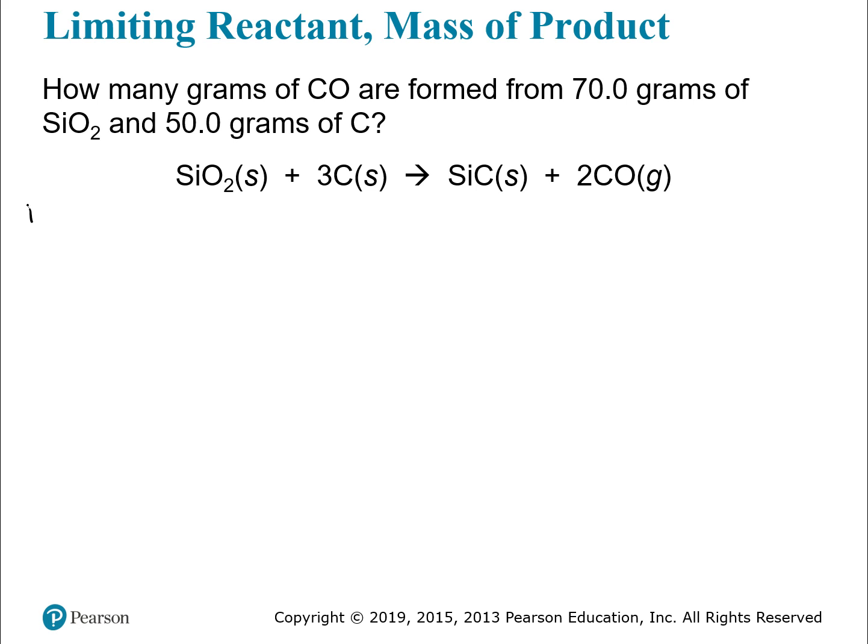We've got 2 problems to do. The first is figuring out if we've got 70 grams of silicon dioxide, how many grams of carbon monoxide do we make?